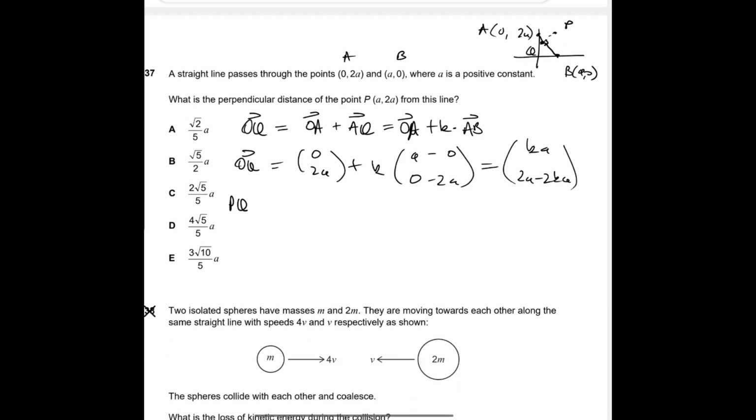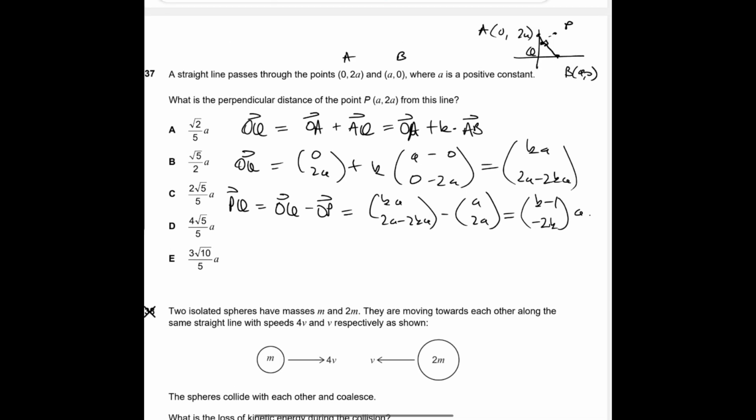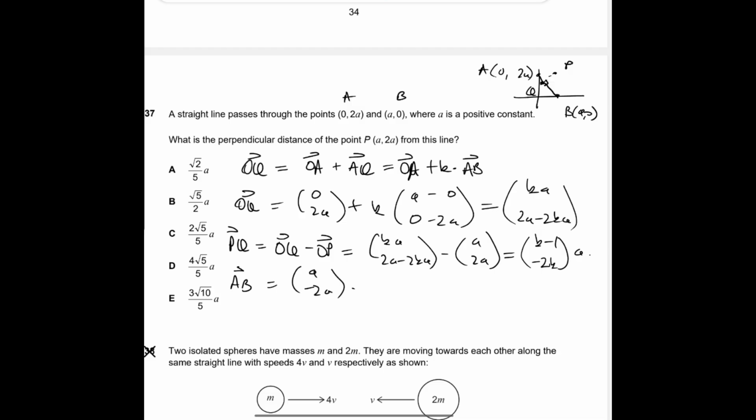So that means PQ is going to be OQ minus OP, which is (KA, 2A minus 2KA) minus (A, 2A). So that's going to be (K minus 1, minus 2KA). So that's PQ. And then AB, as we said before, is (A, minus 2A). So now we can find the gradients of these lines PQ and AB. So let me just make some space.